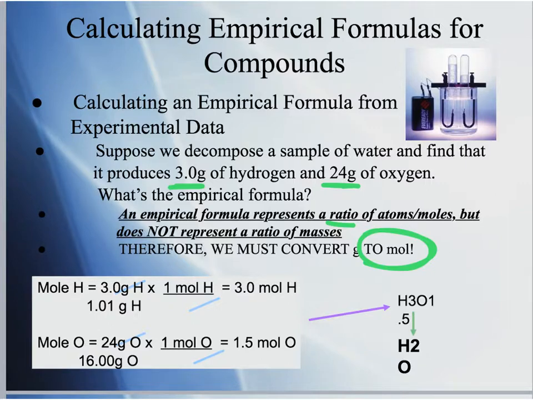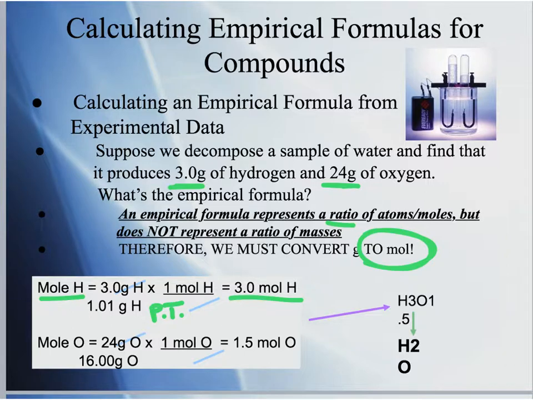So if we are given 3 grams of hydrogen, the first thing we have to do is convert it to moles of hydrogen. Again, we'll use our periodic table. In 1 mole of hydrogen, there's 1.01 grams of hydrogen. So we will do the math, and we'll end up with 3.0 moles of hydrogen.